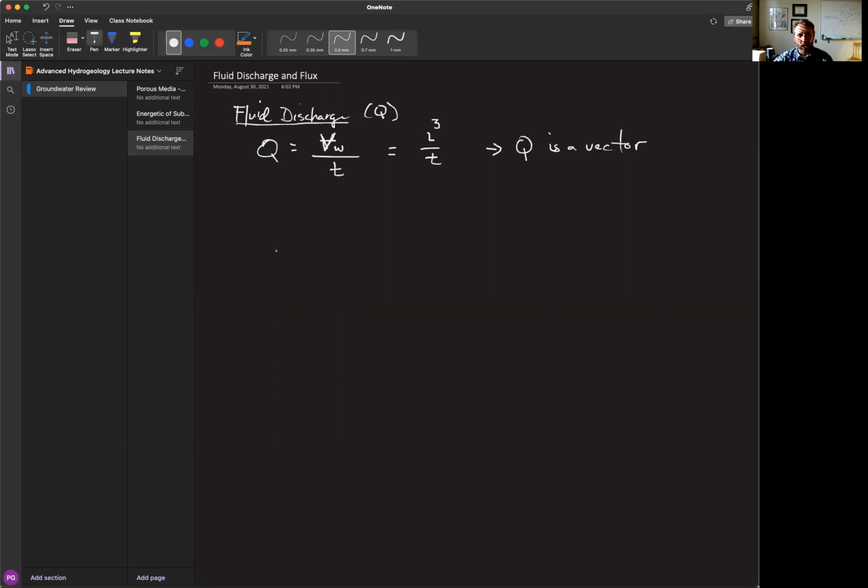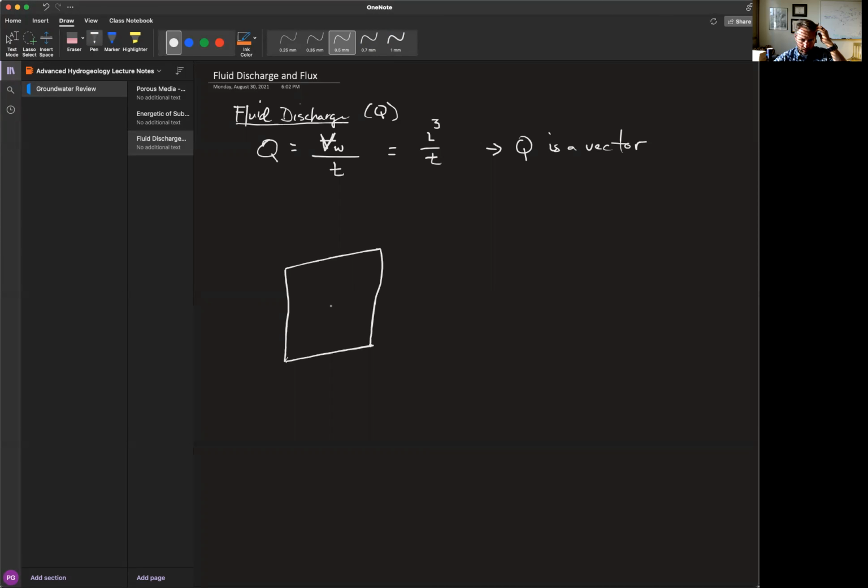We often think about discharge, for example, in a stream as the flow crossing the cross-sectional area of the stream.